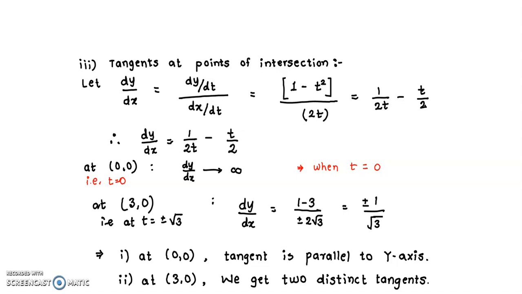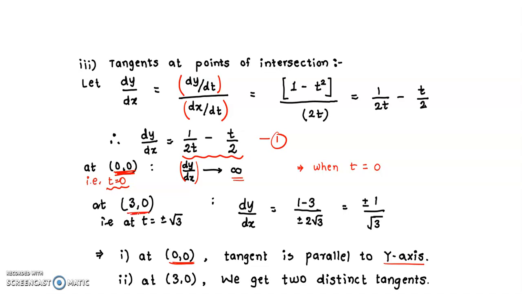Then we calculate the nature of the tangent at these two points of contact. First we calculate dy by dx. We take the derivative of y with respect to t in the numerator and the derivative of x with respect to t in the denominator, substitute the corresponding derivatives, and we get this term in terms of t. At the origin, the value of t is equal to 0, so we substitute t equal to 0 in this equation number 1 and get dy by dx equal to infinity, which implies the tangent at the origin will be parallel to the y-axis.